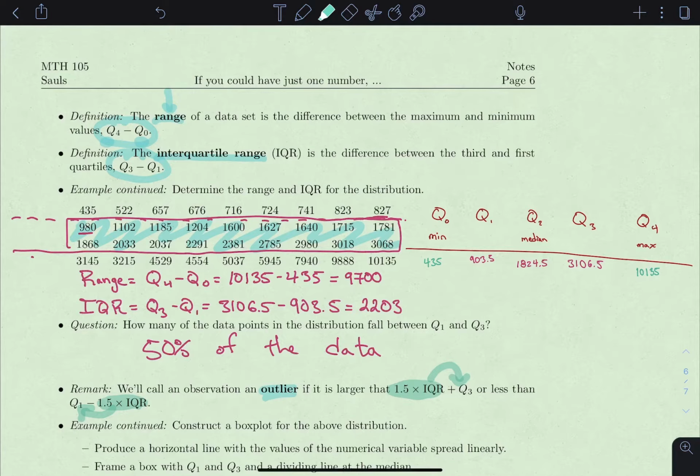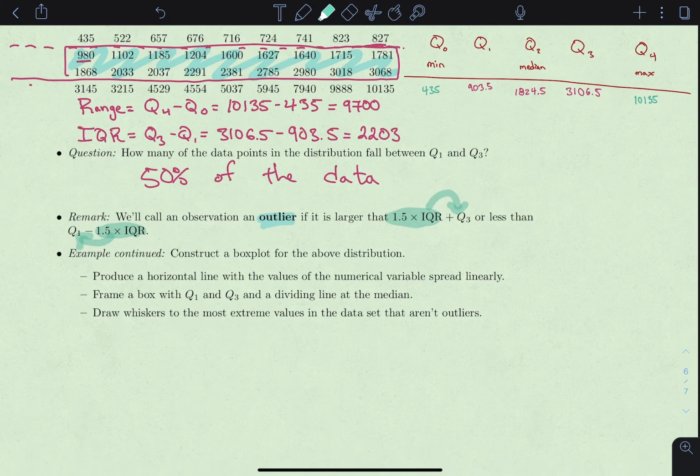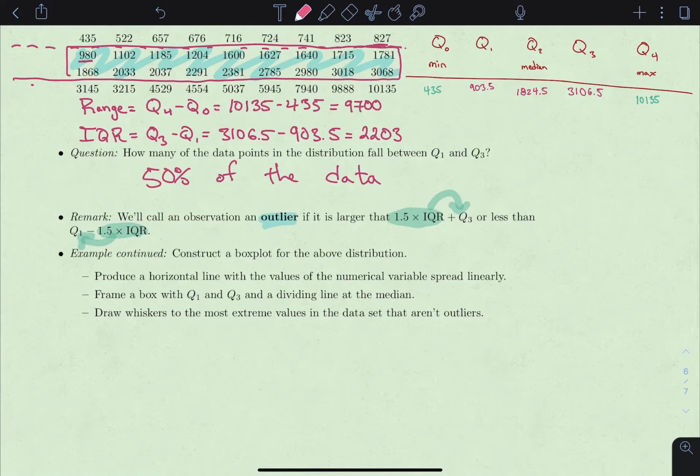So there's a lot going on here with the 5-number summary, and what's helpful is to have a visual. So the next thing we're going to do is produce that visual, and it's called the box plot. The first thing to do when you're making a box plot is to make a number line. It's typical that we'll keep them horizontal, and we need all of our numbers to be able to be represented on here.